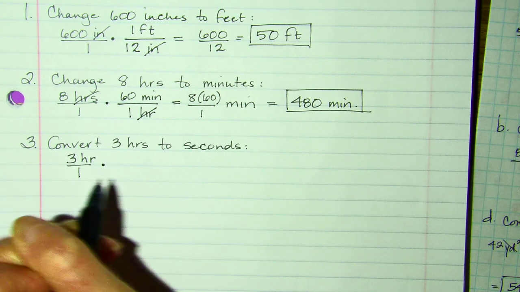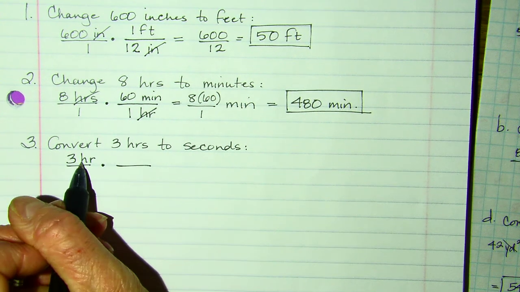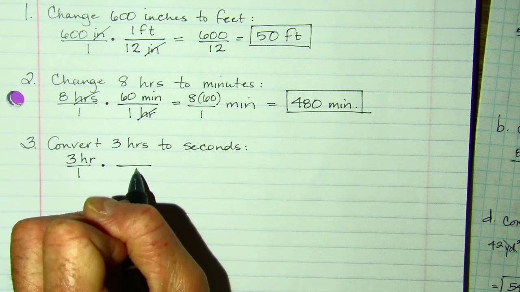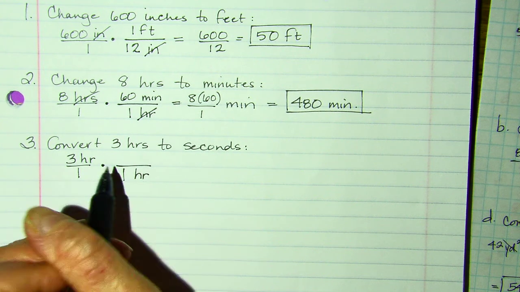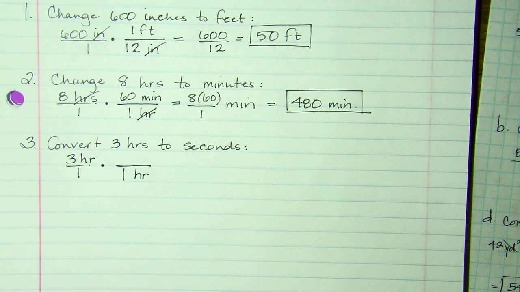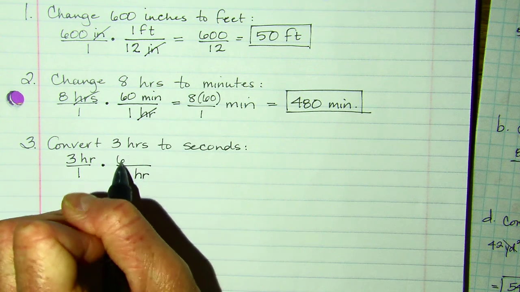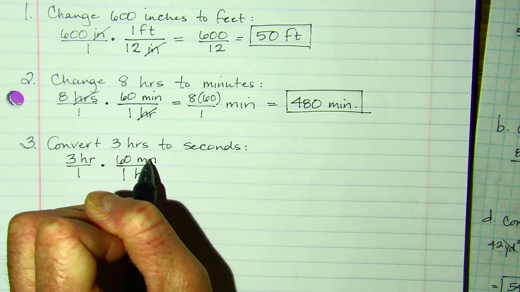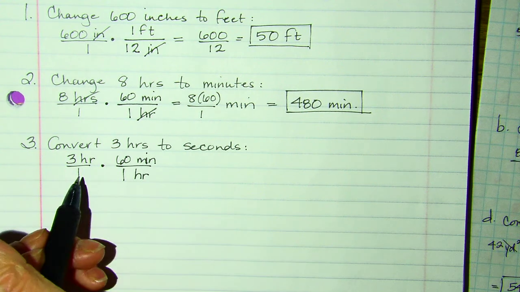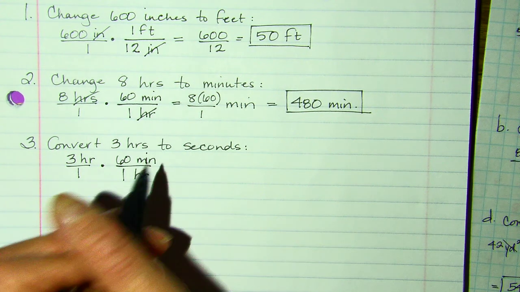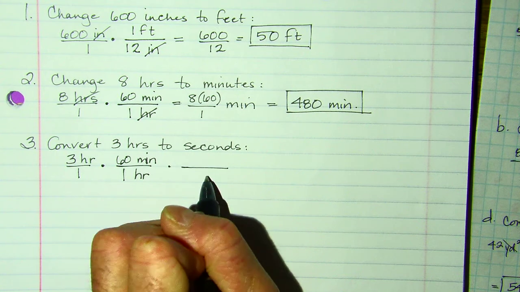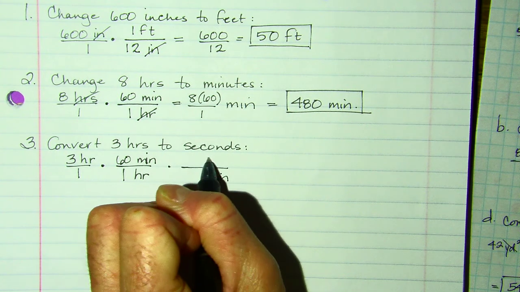Now I'm going to start with my conversion. I need hour to cancel. So because it's on top, I need to put it on the bottom. And I'm going to first start with what I know. 1 hour is 60 minutes. So that'll convert my hours to minutes. Now I need to convert my minutes to seconds.